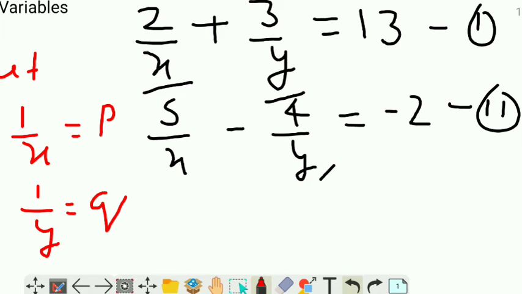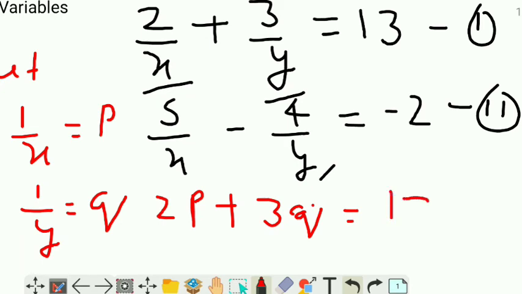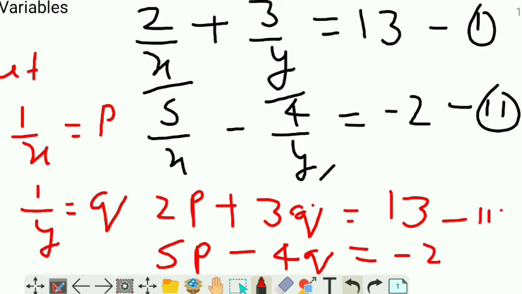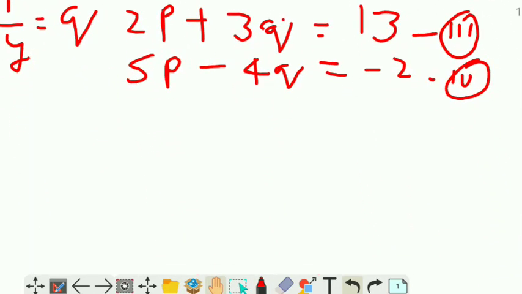Now the equations can be written in this form: 2p plus 3q is equal to 13 and 5p minus 4q is equal to minus 2. Now you can see both equations are in the form of a pair of linear equations in two variables.